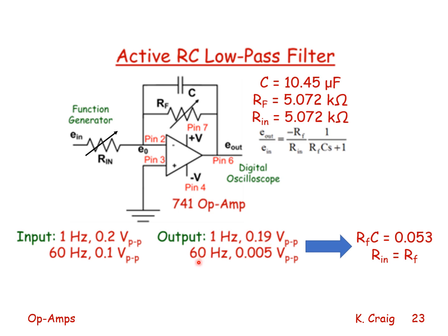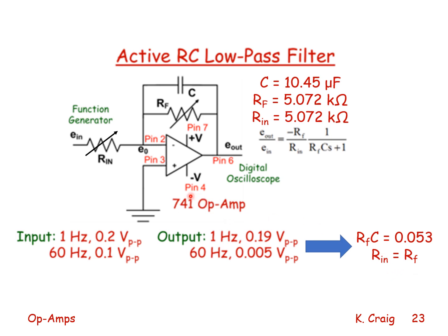But I'd like to attenuate the 60 hertz signal from 0.1 volts peak to peak to 0.005 volts peak to peak. If I design this low-pass filter, I find that RF times C is equal to 0.053 seconds, and Rin equals RF.